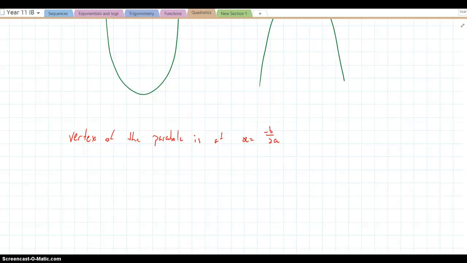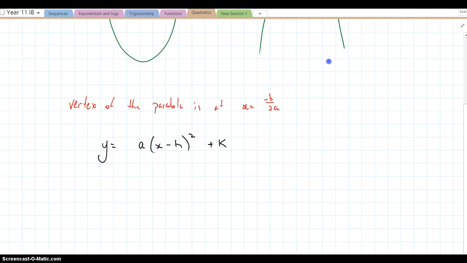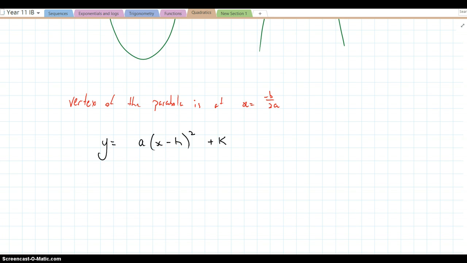But that is an important skill to have, to be able to complete the square and write the equation of a parabola in the form y equals a(x minus h) squared plus k, where the vertex has coordinates (h, k). That's a useful skill, in fact an essential skill to have.